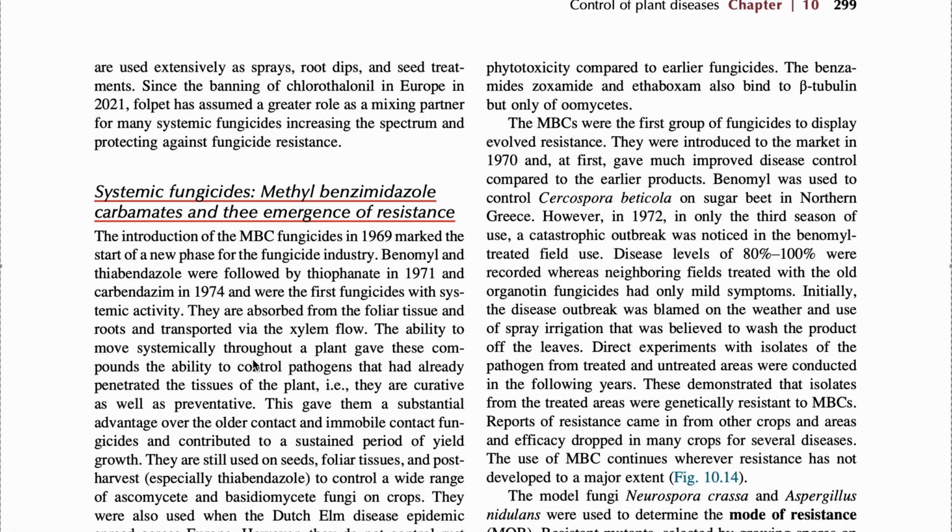The ability to move systemically through a plant gave these compounds the ability to control pathogens that had already penetrated the tissue of the plant. That is, they are curative as well as preventive. These gave a substantial advantage over the older contact and immobile fungicides and contributed to a sustained period of yield growth.